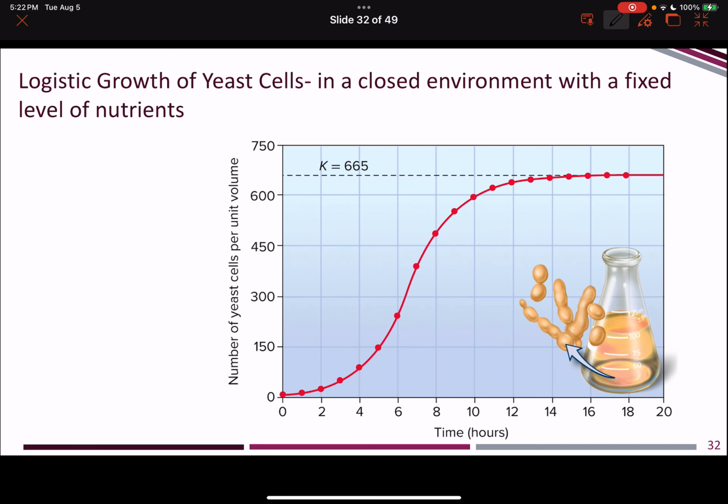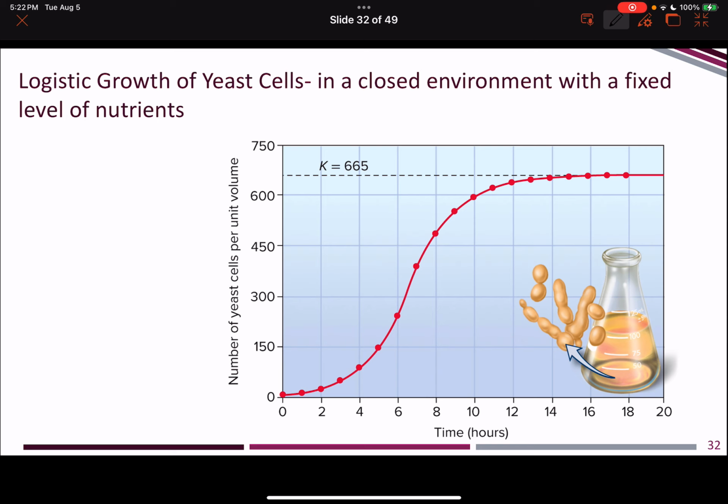Sorry, technical difficulties there. All right, so here's an example of a logistic growth curve for yeast cells. So these guys are in a fixed environment with a fixed level of nutrients. So back in Biology 101, we did a cellular respiration lab where we had yeast in a flask, and you all measured the carbon dioxide output.